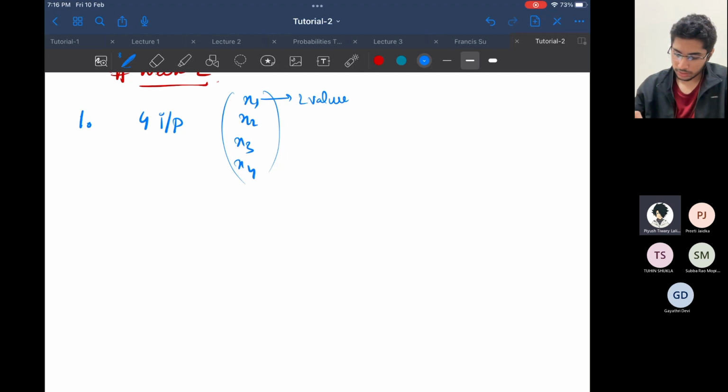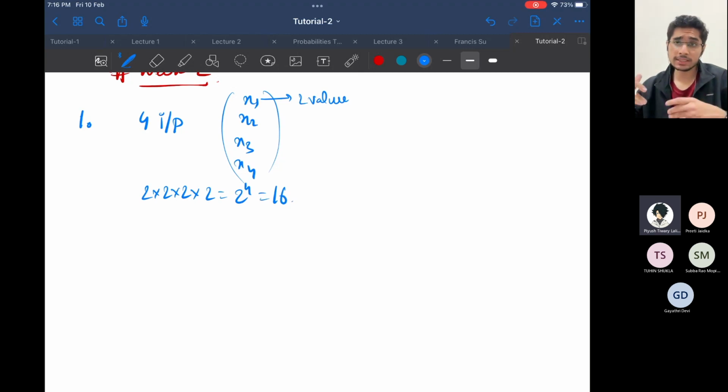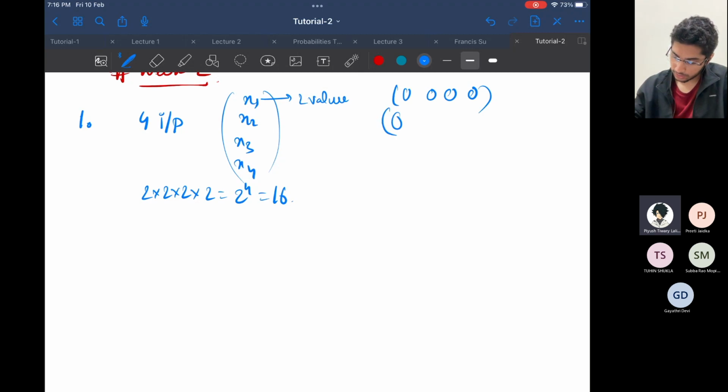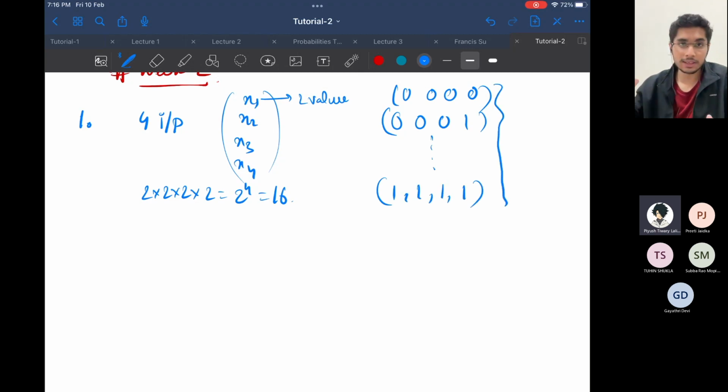So if I take the combination of all the possible values, it is 2 into 2 into 2 into 2, which is 2 raised to 4, which is 16. So it's like 0 0 0 0, 0 0 0 1, and till 1 1 1 1. All the possible input combinations are 16 in number.